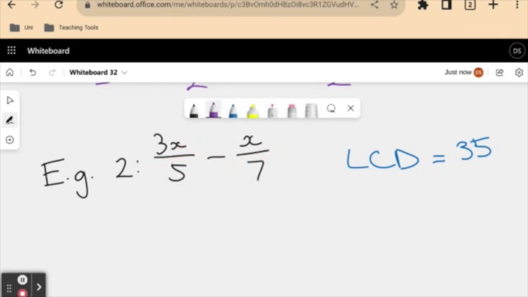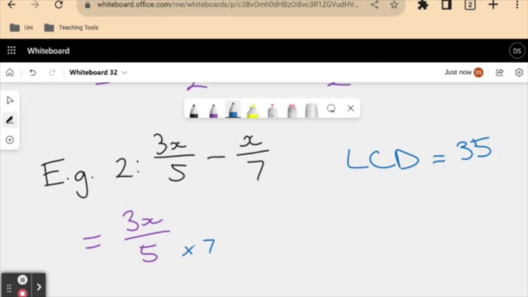I'm going to write this fraction first, and I want to get 5 to 35. So how can I do that? Well, I can multiply by 7 on the bottom here. Now let's pause for a second, because I can't just multiply something to the denominator and not to the numerator. The reason for this is that this won't produce an equivalent fraction.